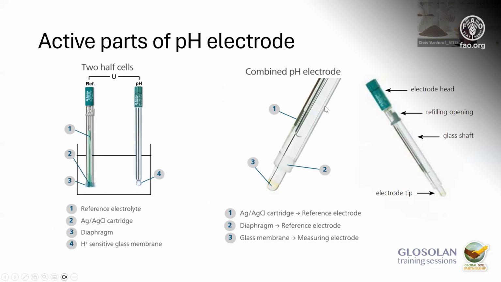They are now combined in one electrode. Up here is the silver chloride cartridge of the reference electrode, the diaphragm, and the glass membrane. I will come back to the different parts later on. Also, at the bottom, you can refill the electrolyte, and it is all protected by a glass shaft.